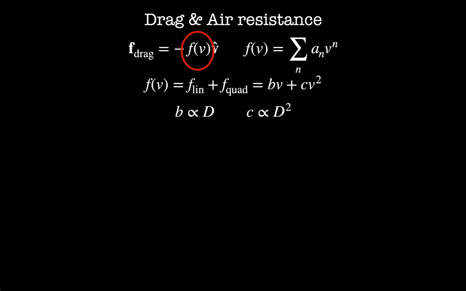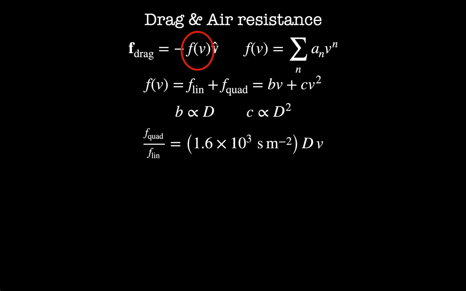So from dimensional analysis, we can say that b is dependent on the diameter of the object and c is dependent on the diameter squared of an object. I mean, they just have to be lengths, but diameter or radius or something like that are nice length scales. So based on this dimensional analysis, if I were to look at the ratio between the quadratic drag and the linear drag, I end up with something that's a constant.